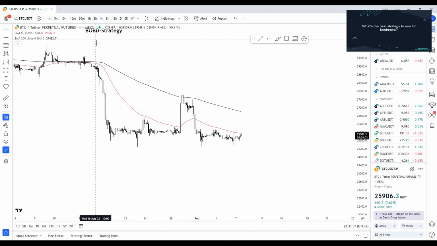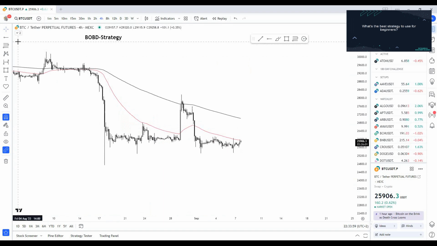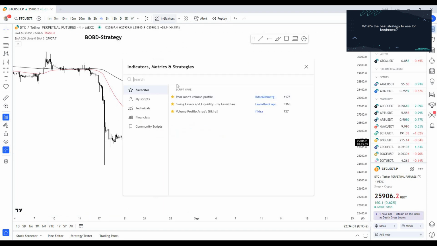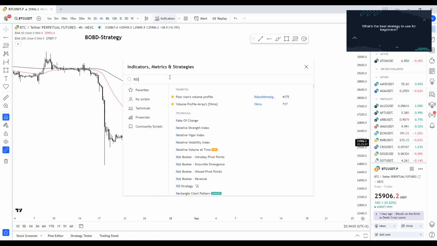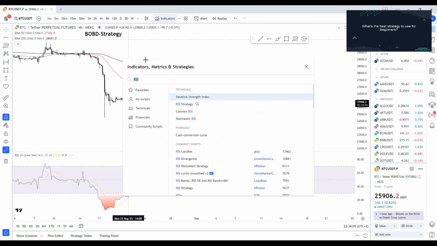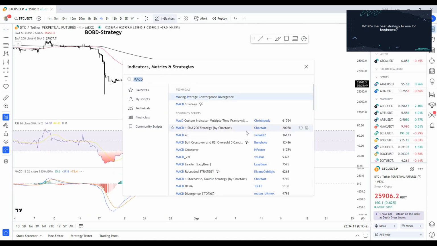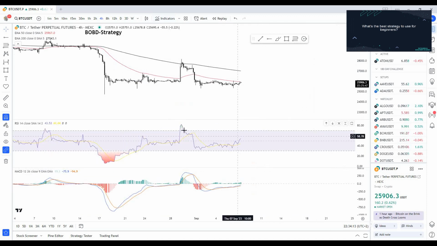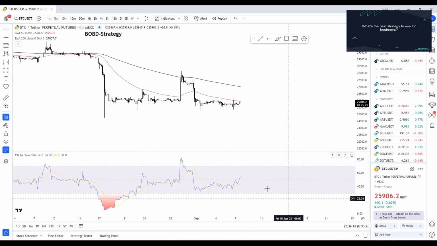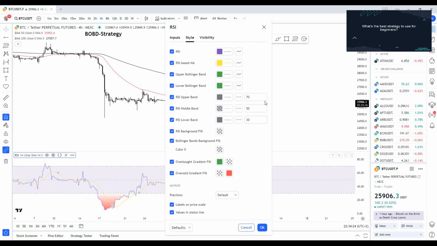Also, what I use on this strategy is the RSI, relative strength index, and sometimes I would add the MACD to the moving average. These are trend indicators, so this will tell you something about the trend. But for now, we'll keep it only to the RSI.